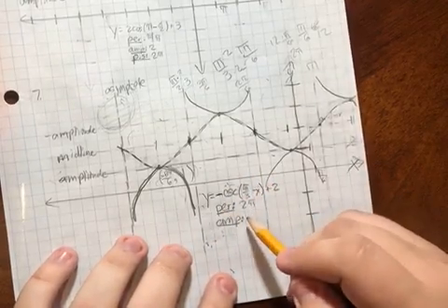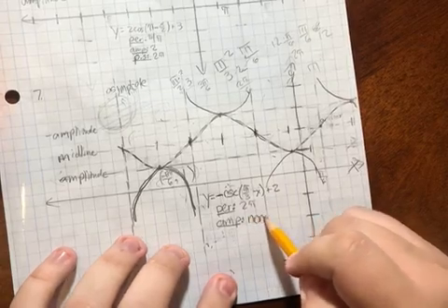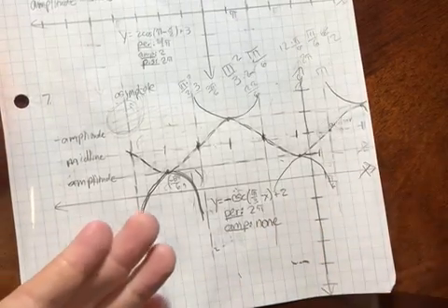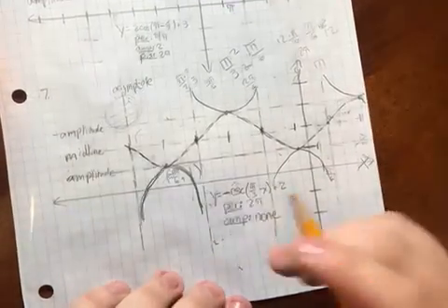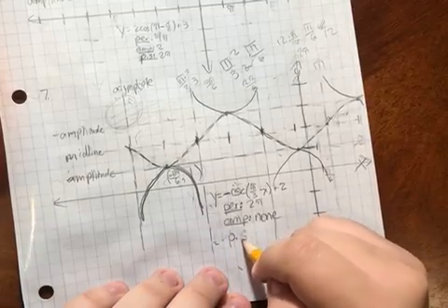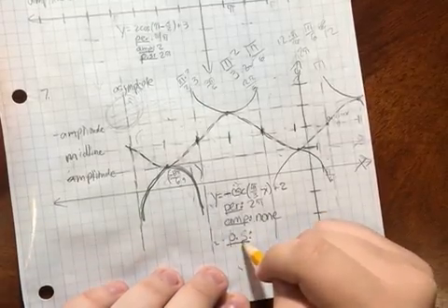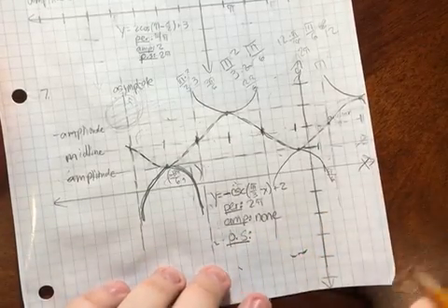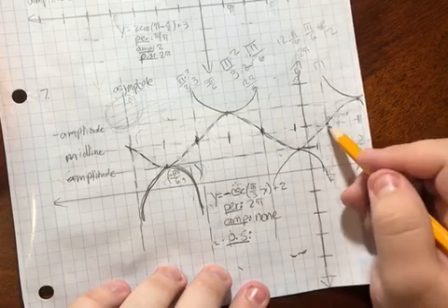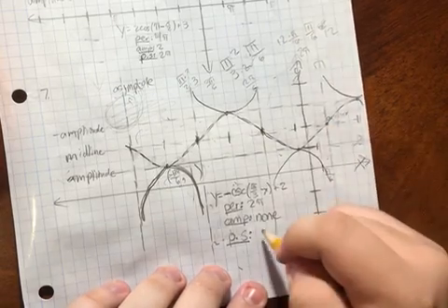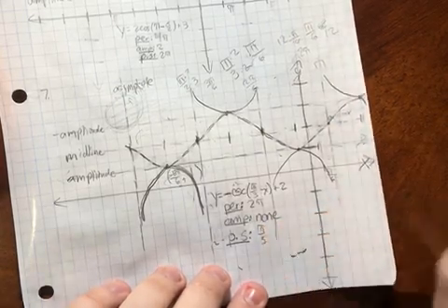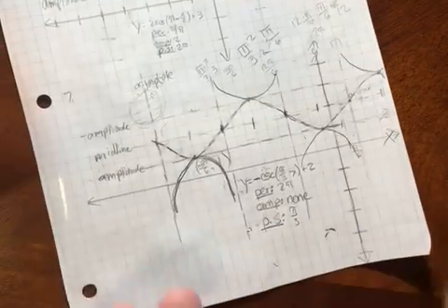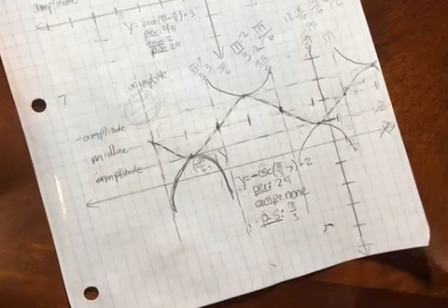You don't write 0, you write none, because Mr. Rogers said so. And then you write your phase shift, which I abbreviate as PS, which is H. Again, your anchor, which is pi over 3. And there you go. You're done. That's it.